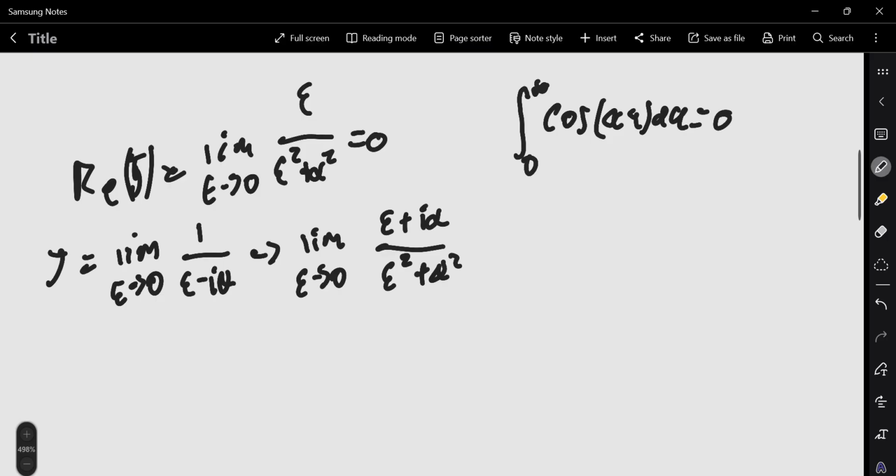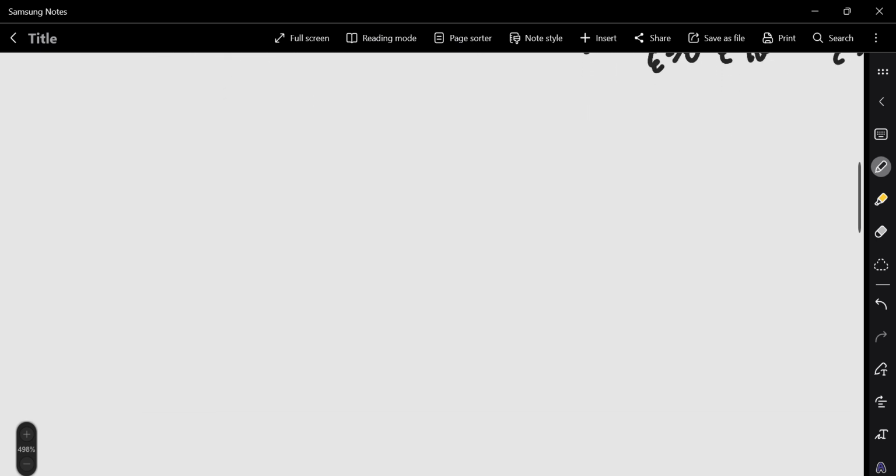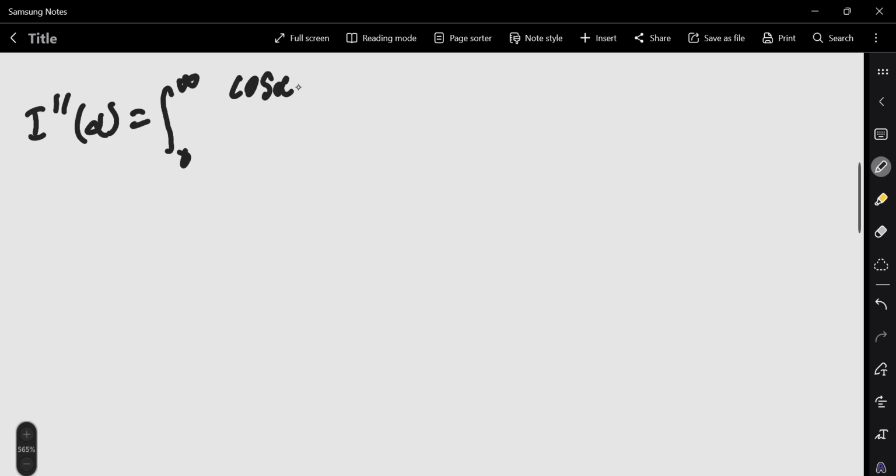So now, if we're looking at the second derivative. What was it before? Was it minus? I think it's positive. The integral from 0 to infinity of cos alpha u over u squared plus 1 du.